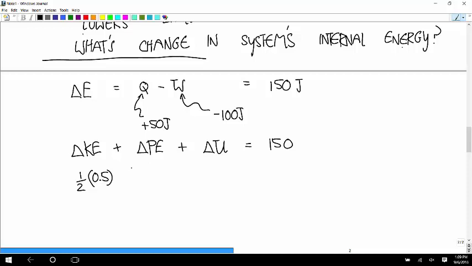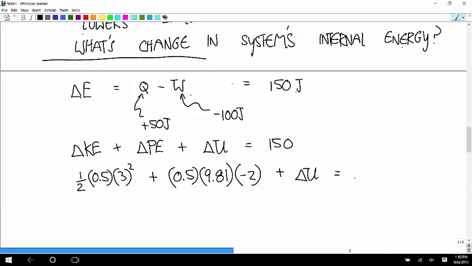The speed went from 0 to 3 meters per second, so this is 3 squared. Plus mgh, so that's the mass of 0.5 times 9.81 times the change in height. It lowers 2 meters. So what's the change in height? Yep, -2, plus delta U is equal to 150.